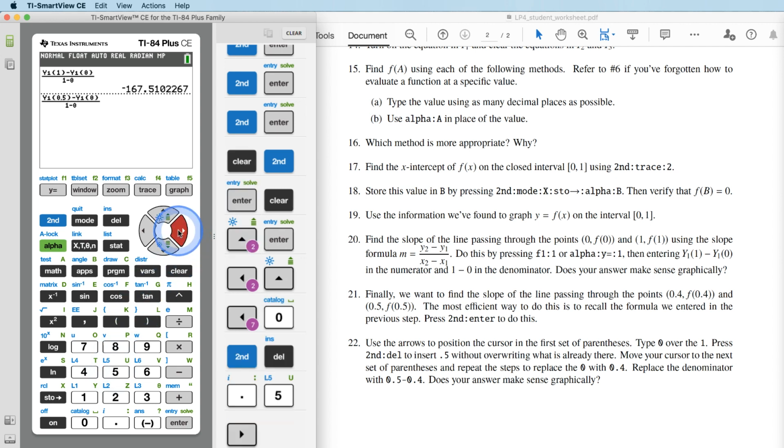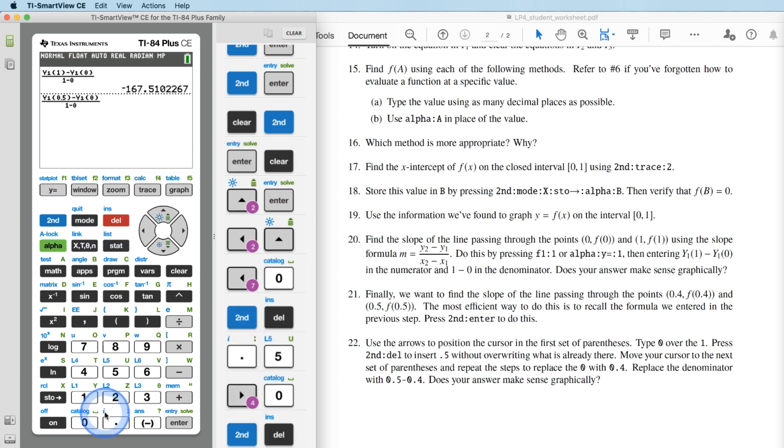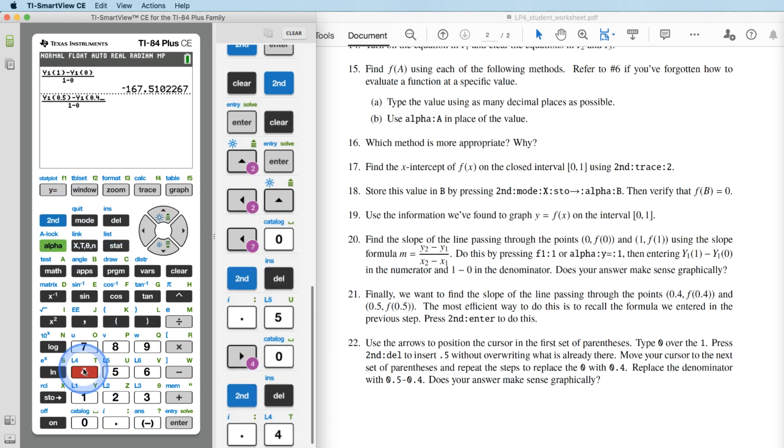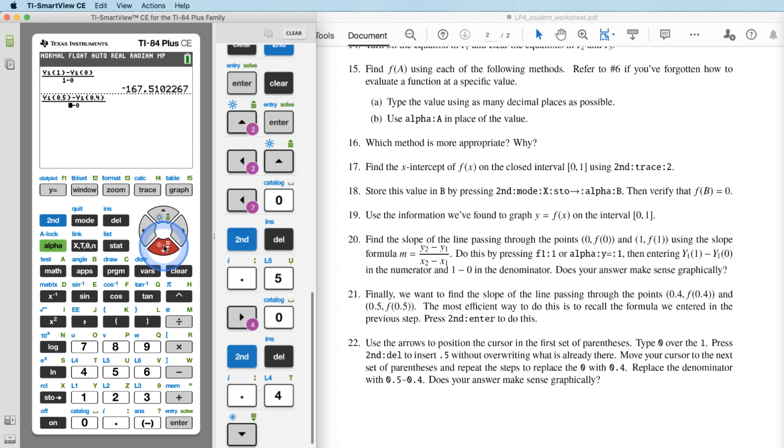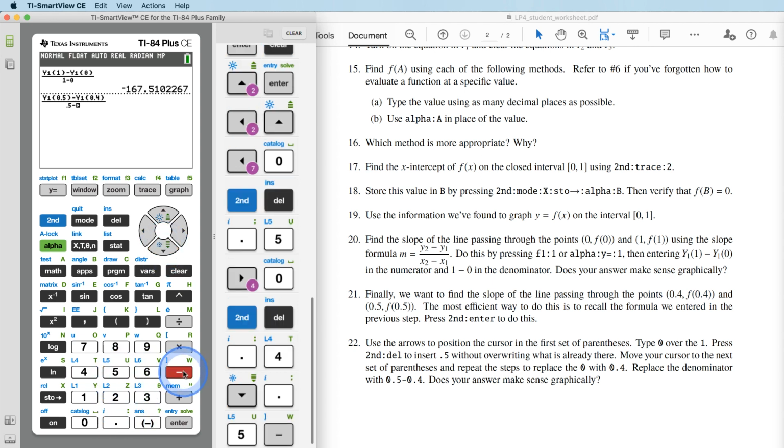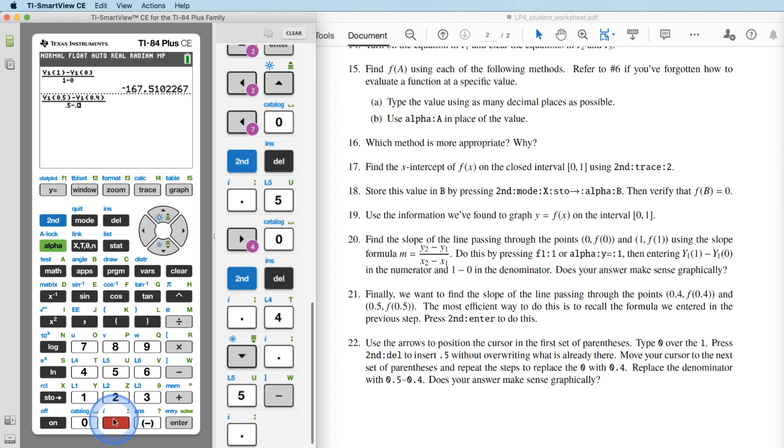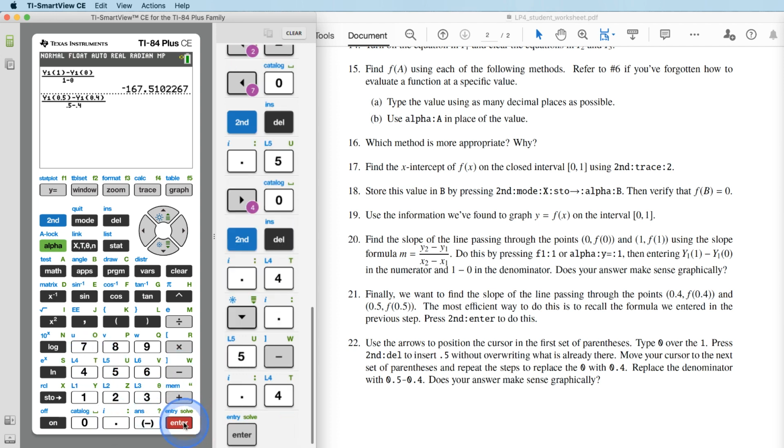And then I can arrow over here, and I need this to be a 0.4. So 0, and then I'm going to insert 0.4. And then on the bottom, I need 0.5 minus 0.4. 0.5 minus, and I can just type over what's already there. And here is my estimate for that slope.